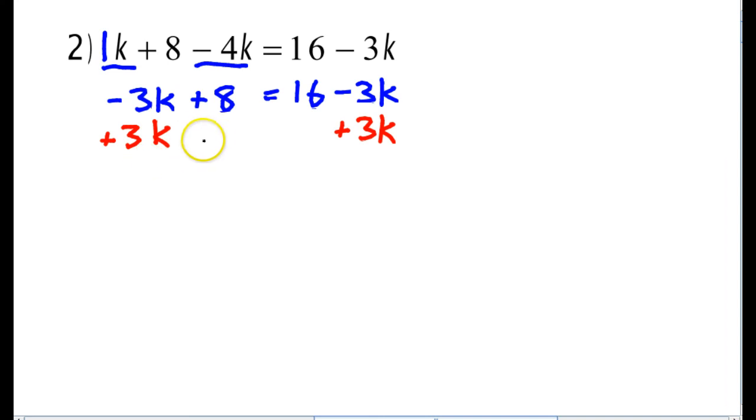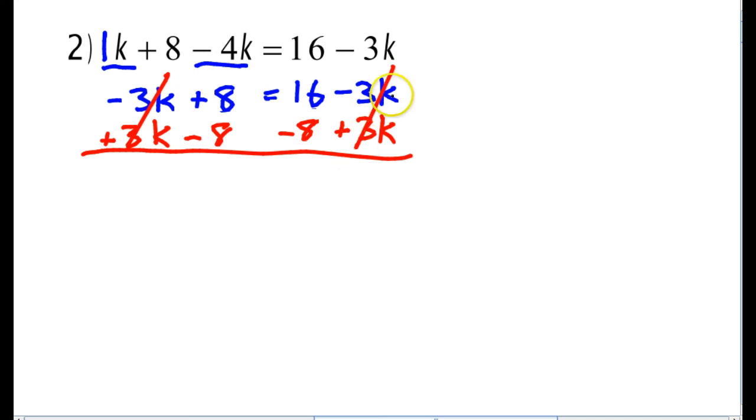Number on the left, 8. Still do all those steps all at the same time. When the variables cancel, variables cancel. So right away, since both sides of the variables cancel, it's got to be a no solution or an all real. Okay, and once you finish it up, 8 minus 8, 0. 16 minus 8.